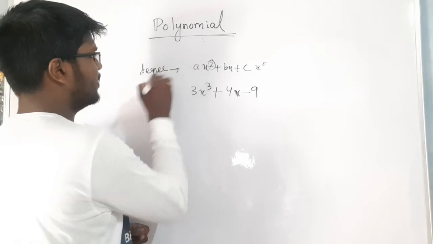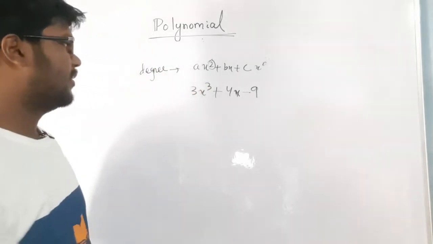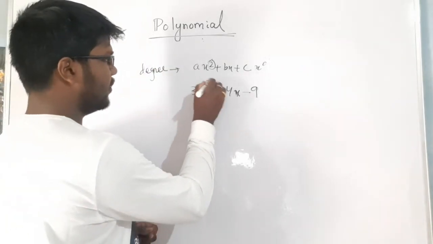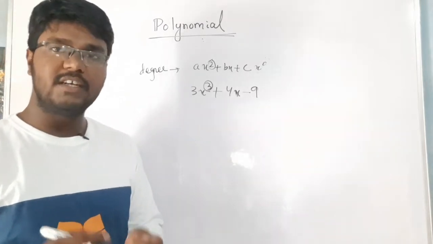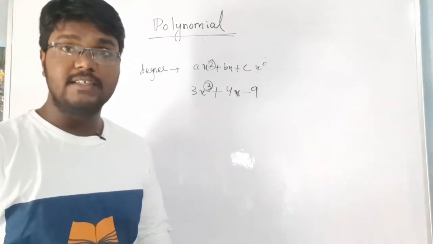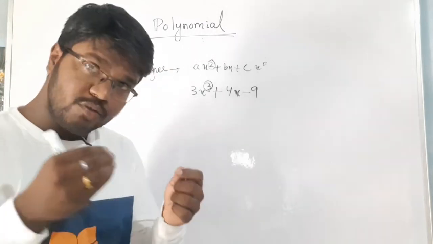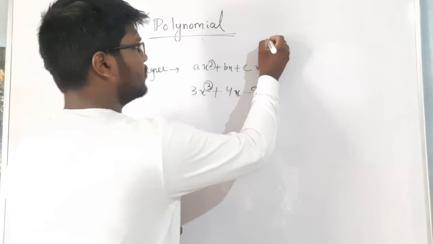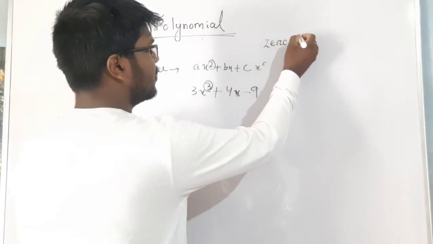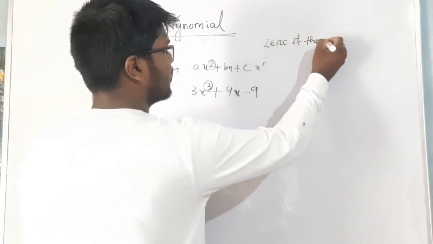So here this is a 2 degree polynomial, and this is a 3 degree polynomial. Which power is more, that is the degree of the polynomial, and we can find out the number of zeros. Zero of the polynomial means, you see, zero of the polynomial.